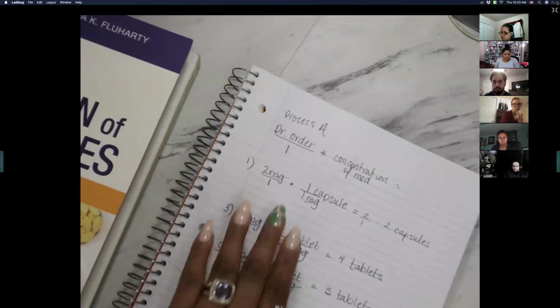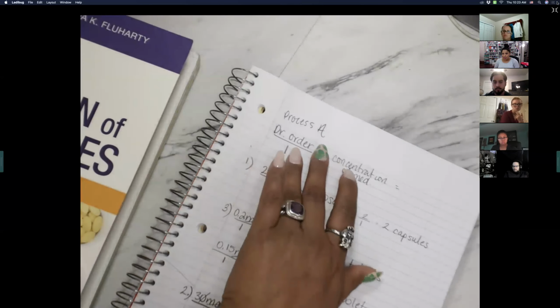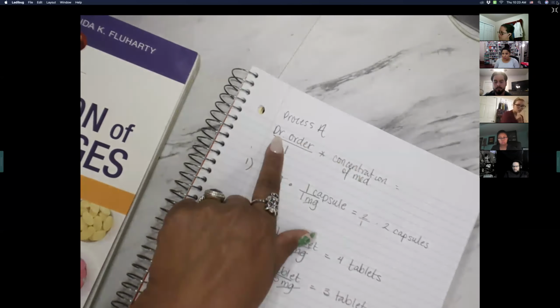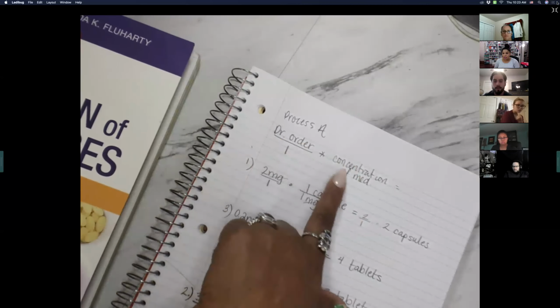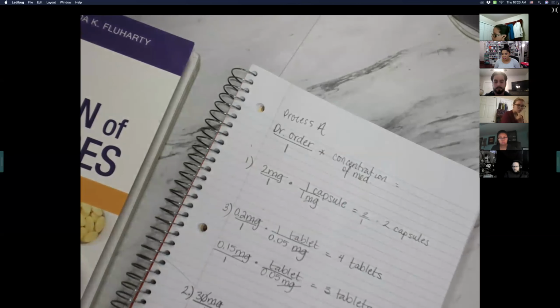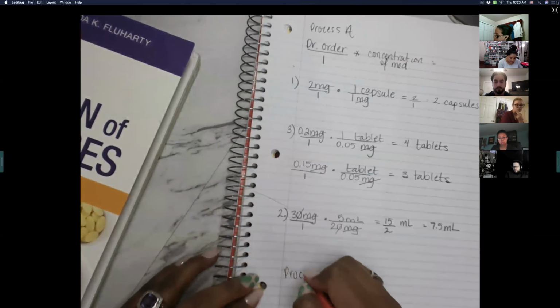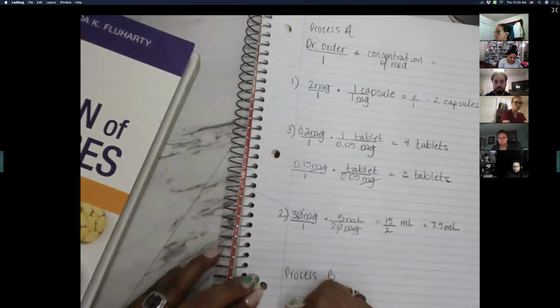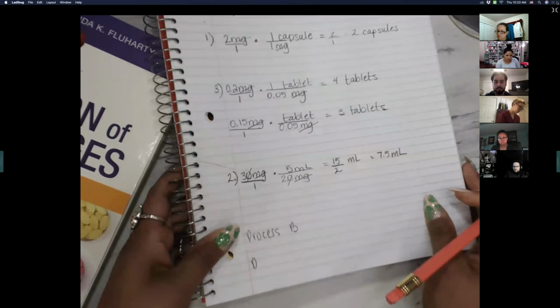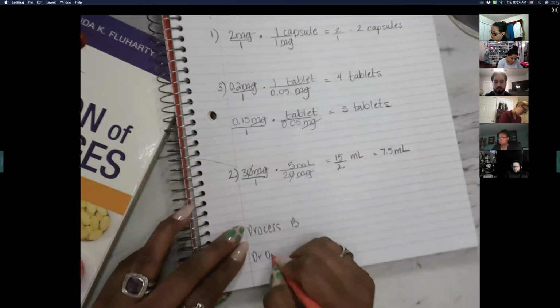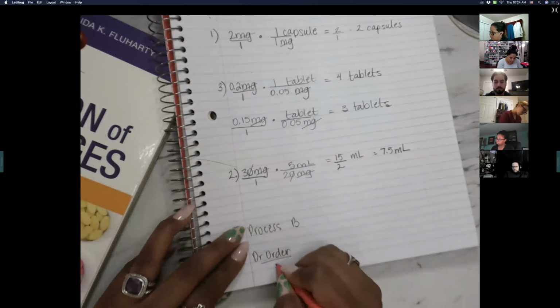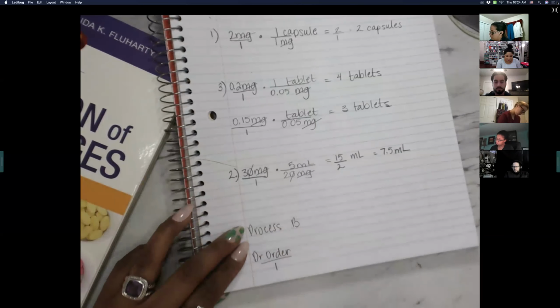But this is our process A. For right now, doctor's order times the concentration of the medication. Our process B, when we get there, is literally one more step. It's going to be the doctor's order. We always place it over 1.